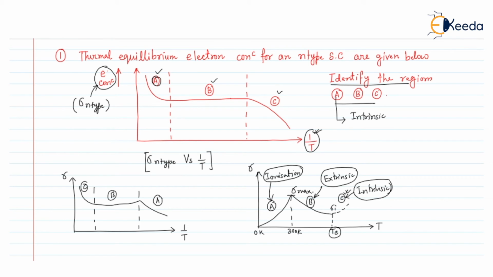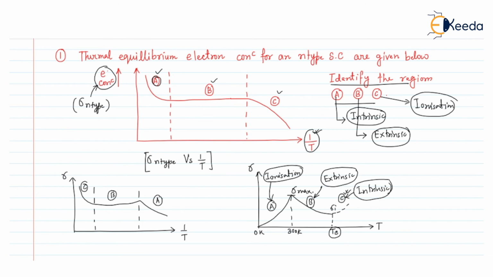Similarly, the B region will be called the extrinsic region, and the C region will be called the ionization region. These are the names of the regions that we have to identify.